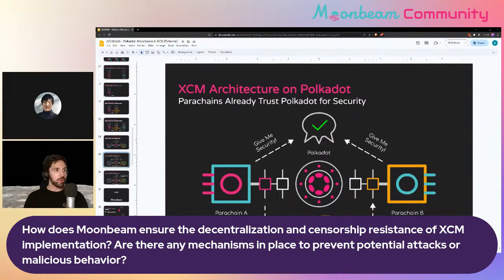In order to monitor that, on Moonbeam we have what we call XCM monitors, which allow us to check if these integrations, specifically for token transfers, which are the easy ones to do, are keeping this equality between blockchains.